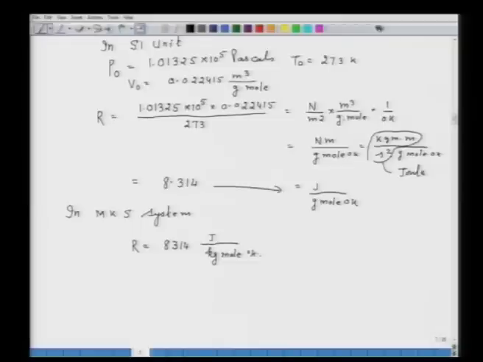So, you try to derive these units in terms of MKS system, also try to derive in terms of CGS system and so on. Now, this is about the units.